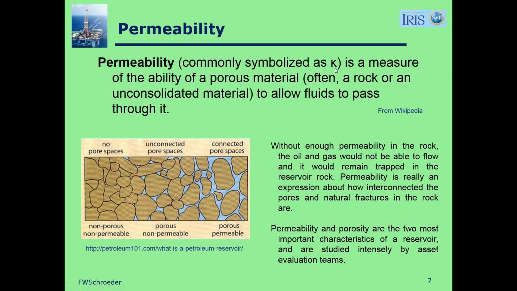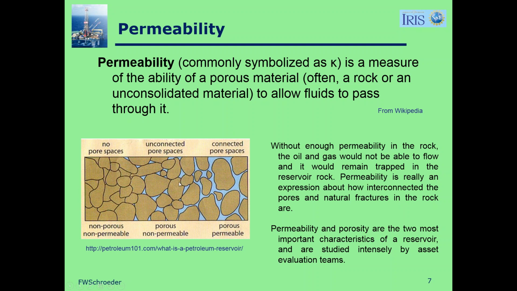And permeability is symbolized by the Greek letter kappa or K. It's the ability of a porous material to allow fluids to pass through it. There's a little bit of a diagram here. No pore space and no permeability on the left. In the center, the pores are represented by the blue, the grains are the brown.